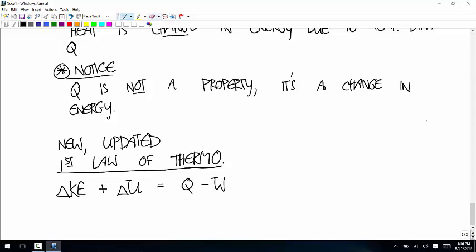One thing to be careful about here is the way I'm thinking about it, this W includes the work by conservative forces. So it includes the negative change in potential energy.